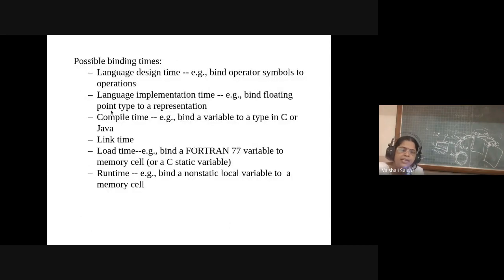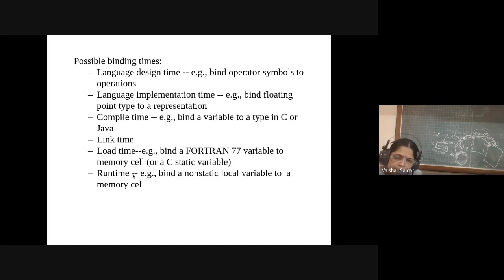Now, these are some examples which I already explained. Binding operator symbols to the operation is design time. Then how to represent a particular data object in your program using the language is language implementation time, where I have to decide what data type to consider for that data object. Then compile time is when variables are bound to a memory location or a particular value.